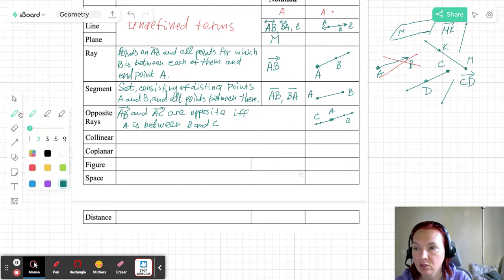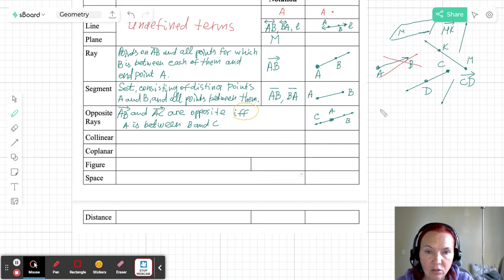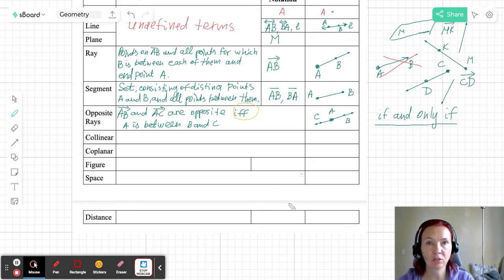Now, what about this notation? It might look a little bit weird. It is a commonly accepted abbreviation in math. It is used instead of the words if and only if. We will be talking a little bit more about conditional statements, what those are and what this means.